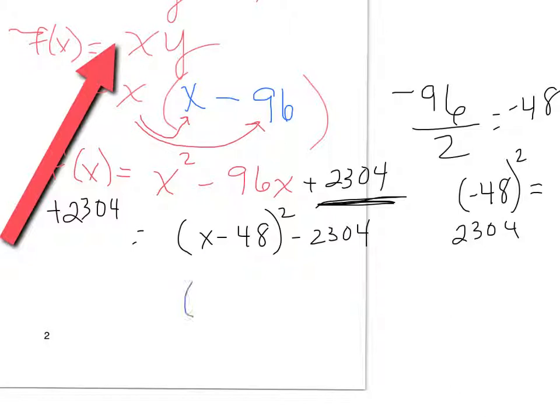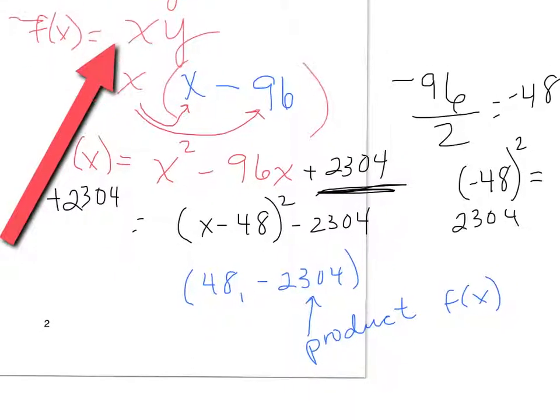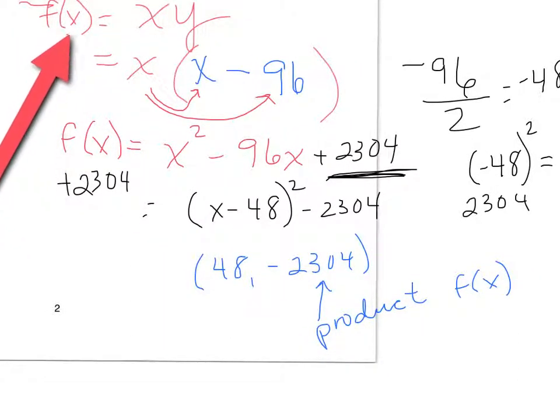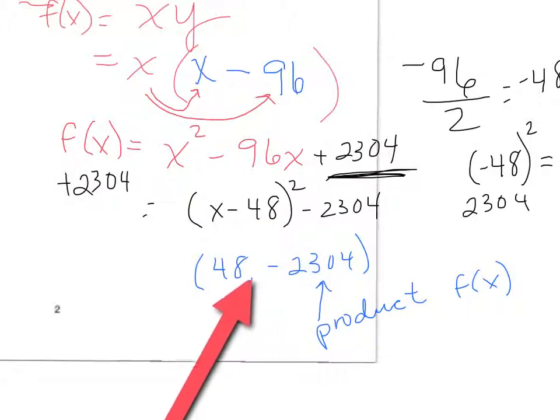For us, when we write the vertex, this is actually f of x. F of x is the product, and that's whatever's in this position. We don't want the product, we want the pair.